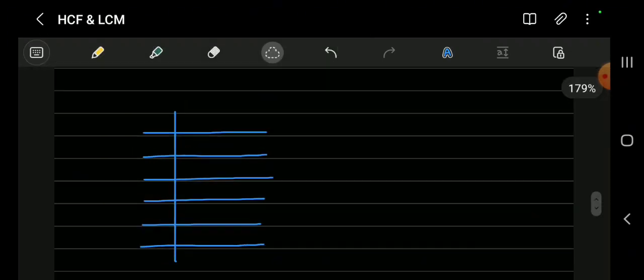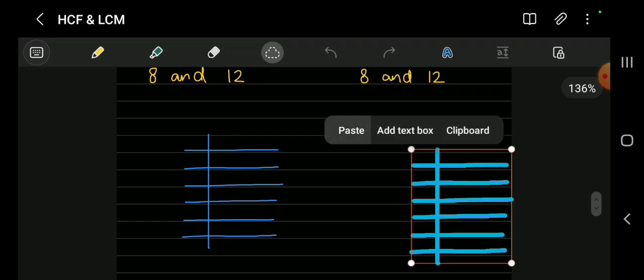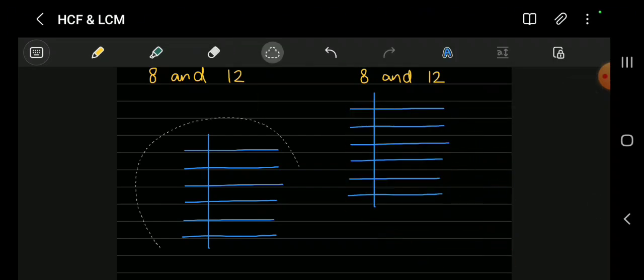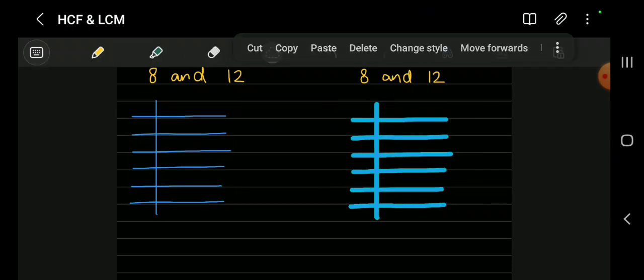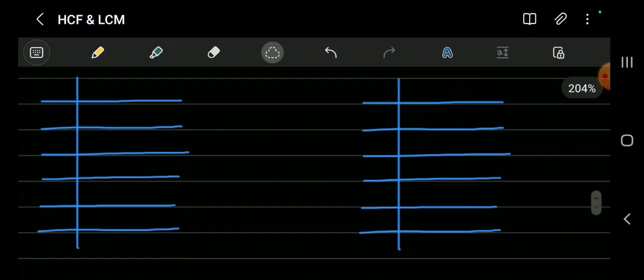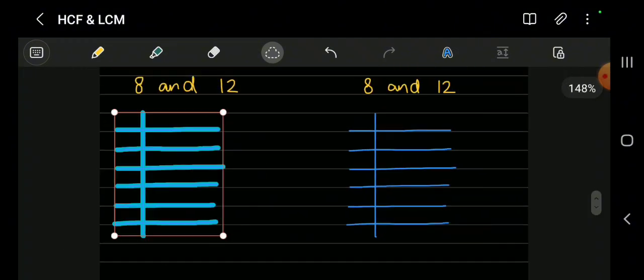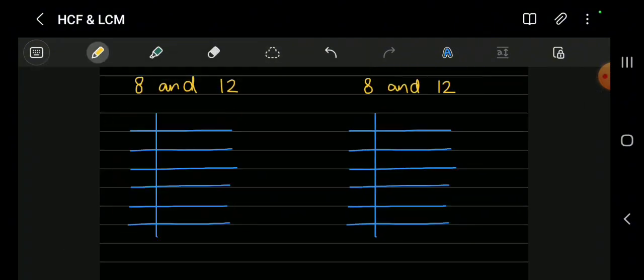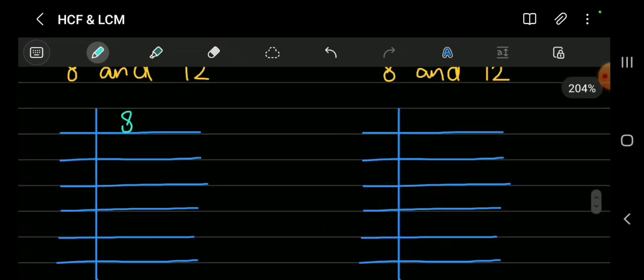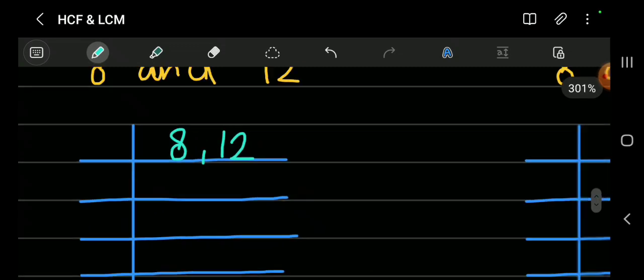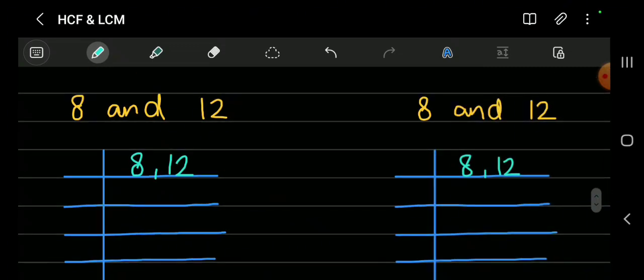So taking your grid for both, we will write the numbers in the grid, 8 and 12. So let's divide it for HCF, highest common factor.